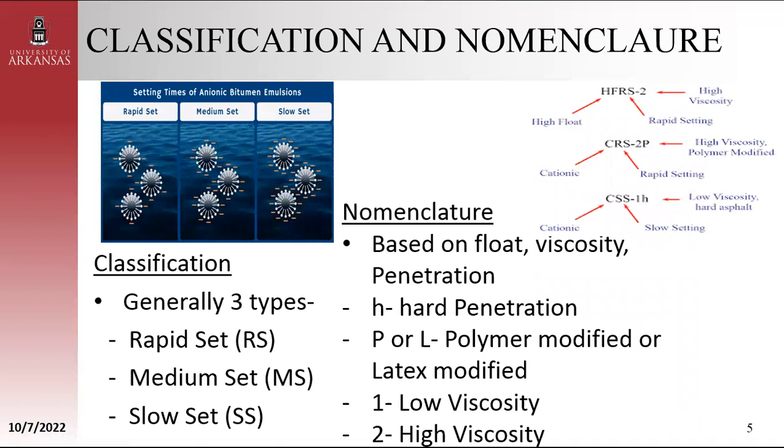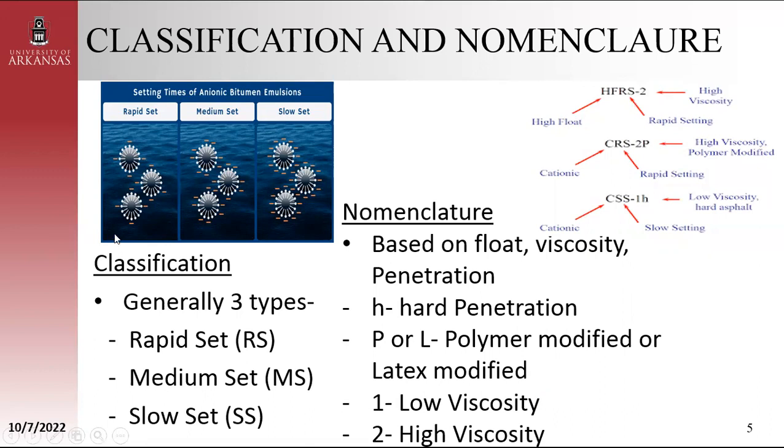There are mainly three types of asphalt emulsion: rapid set, medium set, and slow set. Based on the emulsifier dose, they are categorized. If the emulsifier dose is higher, then it would be slow set.